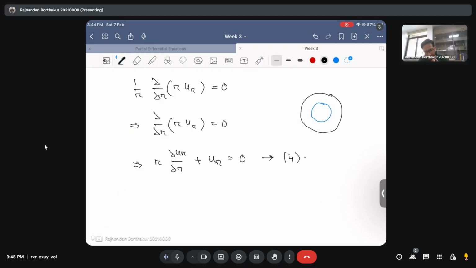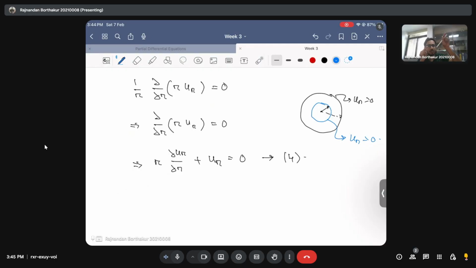So what it says is that when I go from the inner cylinder to the outer cylinder, I know that here my u_r is equal to 0, and at the surface of the inner cylinder, my u_r is equal to 0, typically from the no-slip boundary condition. Which means that at the interface of the inner cylinder and the outer cylinder, my u_r component of velocity is 0, and typically this is nothing but the no penetration boundary condition.